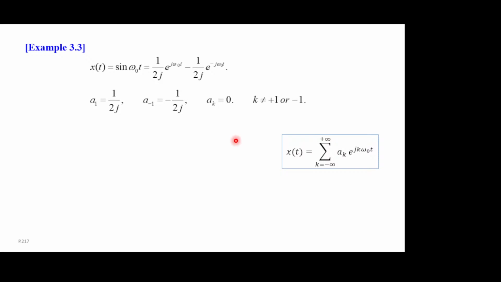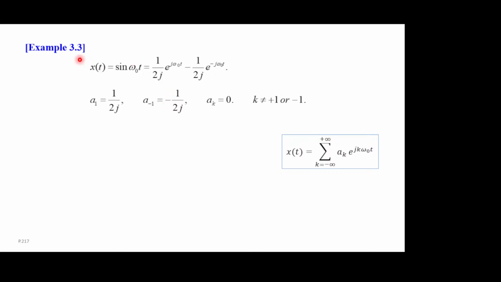And all other ak are 0. We can check that this is a real signal. So ak and a minus k need to be complex conjugates of each other, and that's true, because now this is purely imaginary, so when you take the complex conjugate you get the negative. Any questions about this example?